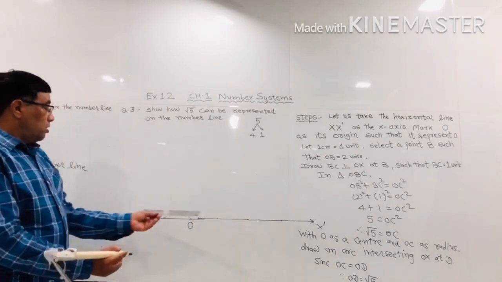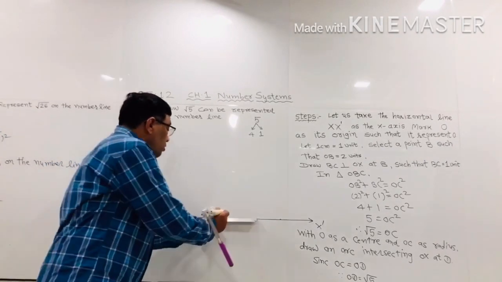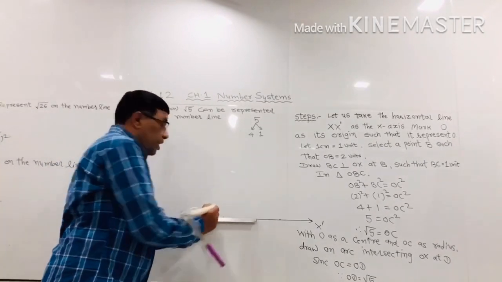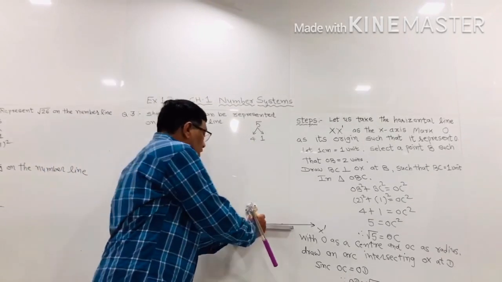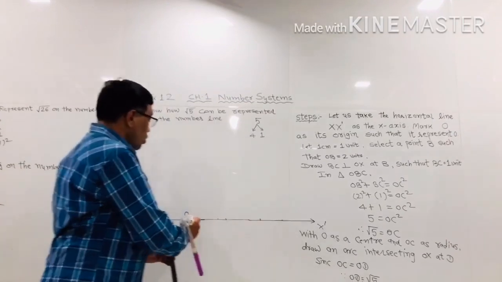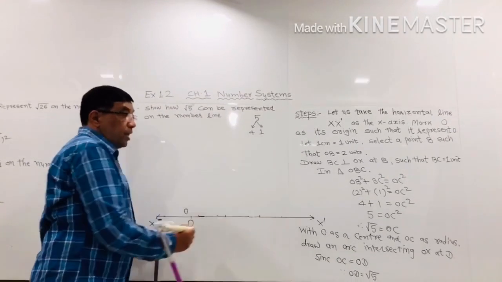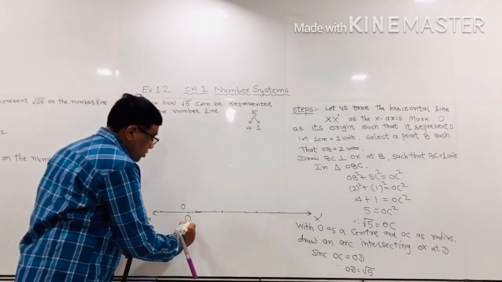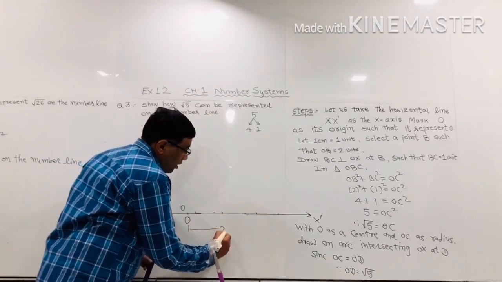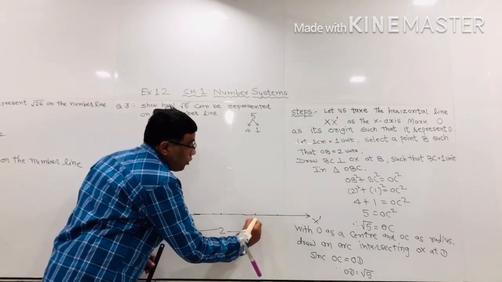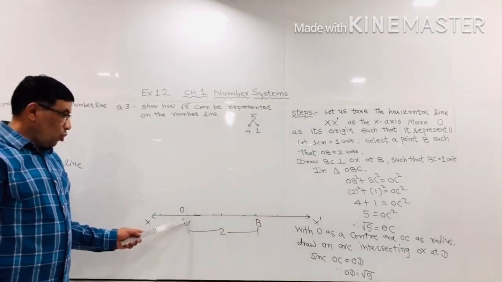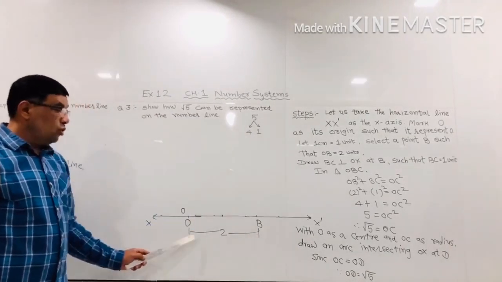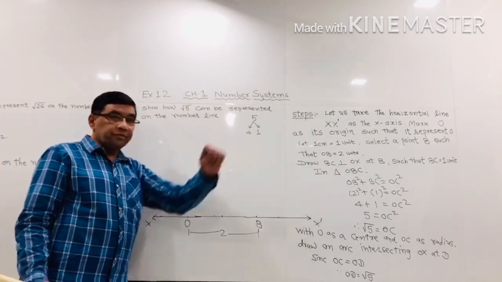From here we mark 1 unit, 1 centimeter, and from here a further 1 centimeter, and so we have taken 2 units. So this one is 2 units and here we mark B. So OB is equal to 2 units.